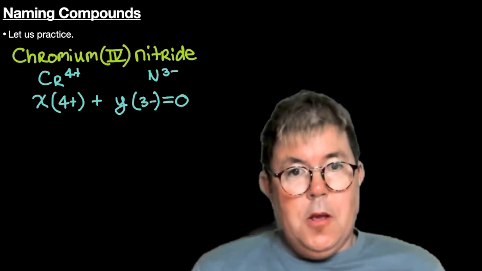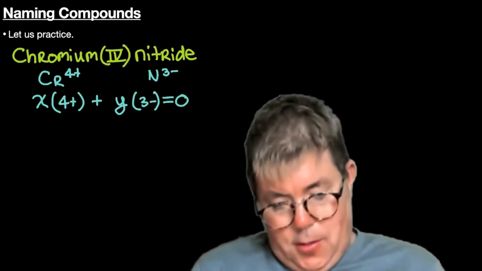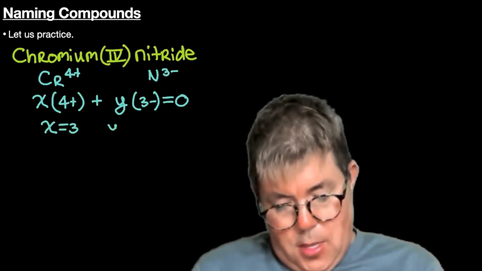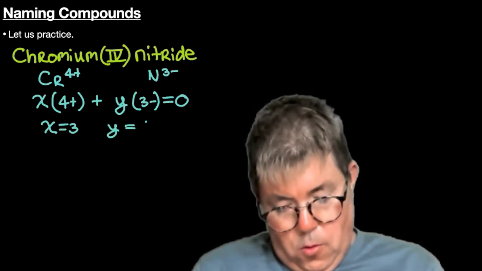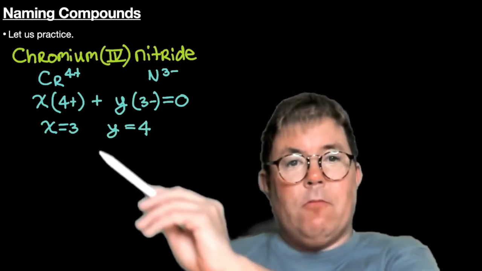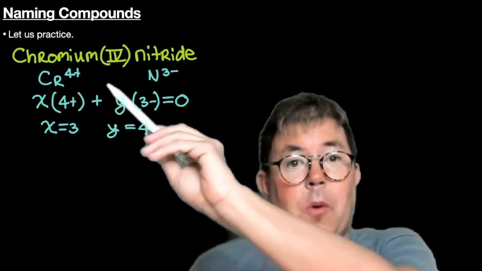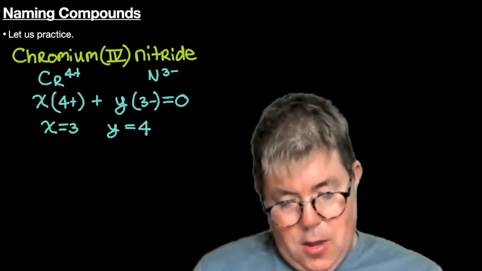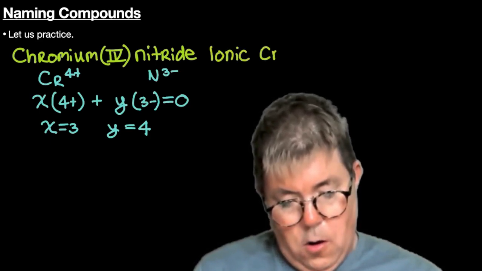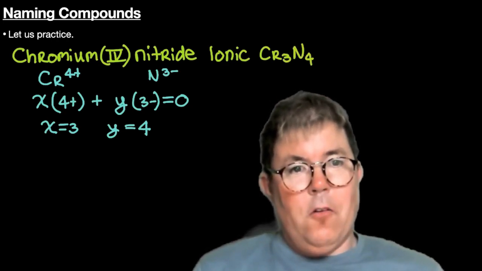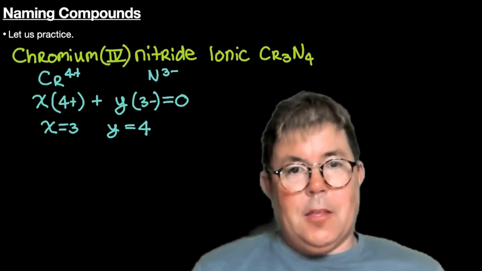It should be obvious that x is going to equal 3, y is going to equal 4. So again, we did this arithmetic because we have 2 ions. So this compound is ionic. The formula is Cr3N4. Hopefully that makes sense to everybody.